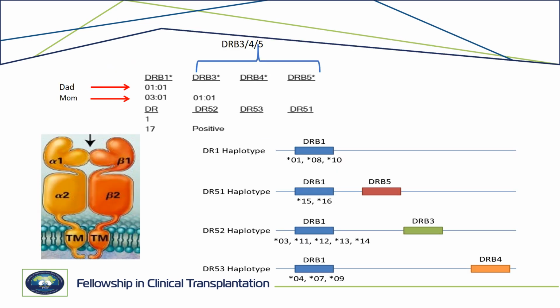For the class 2, I'm going to divide it into 2 slides. I'm going to discuss the reporting of the DR first, and then we'll discuss the DQ and the DP. So in this slide, you can see that we do typing for DR beta 1, DR beta 3, DR beta 4, and DR beta 5.